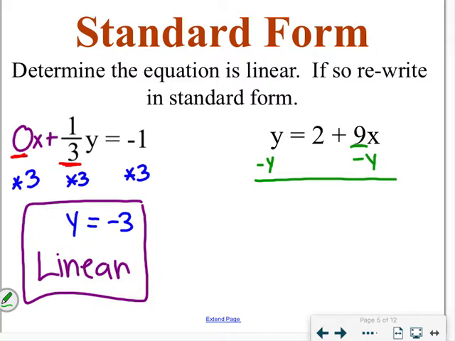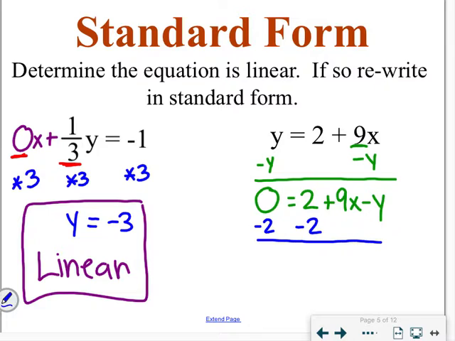Since I took the y away, there's nothing left on the left side, so we use 0 as that placeholder. Also, in standard form, that number value for c can't be on the same side as x and y, so we're going to go ahead and move that to the opposite side now. So I end up with negative 2 is equal to 9x plus y.